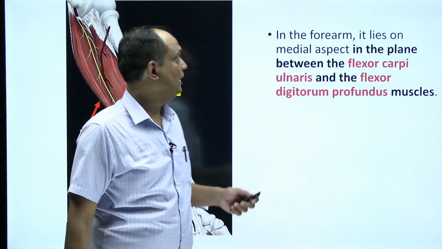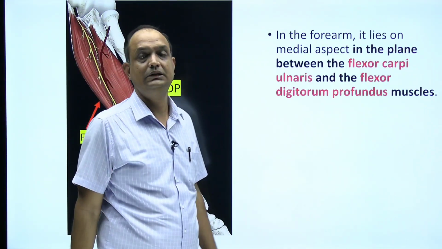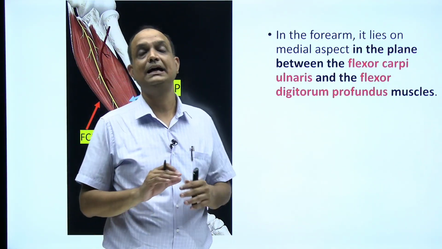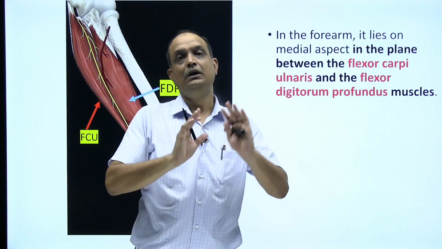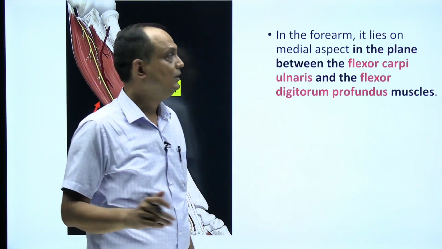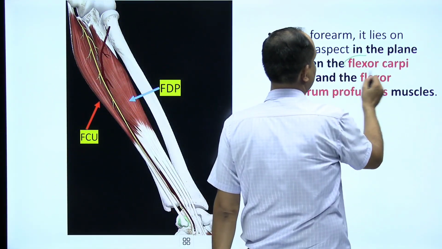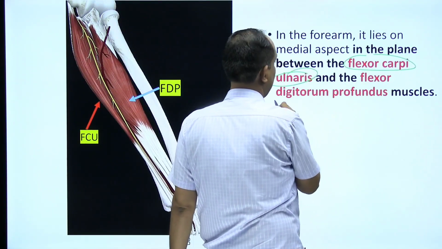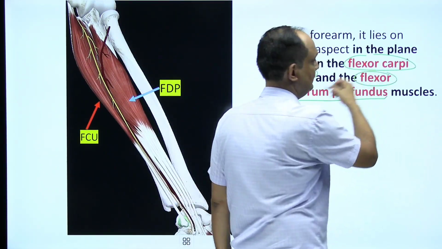Clear? Now, in the forearm, this nerve ultimately lies between two muscles. So, on the medial side, what are the names of the two muscles of the front of the forearm? First, we are reading flexor carpi ulnaris, and second is the flexor digitorum profundus muscle.